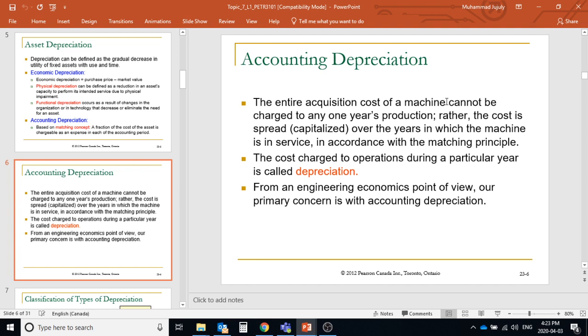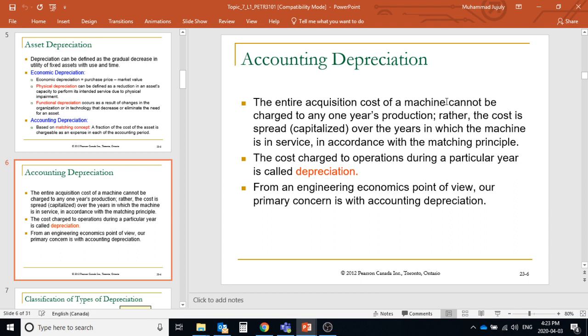So give an example. For instance, you purchased a machine, but the entire acquisition cost of the machine cannot be charged to any one year's production. Rather, the cost is shared, or we call it capitalized, over the years in which the machine is in service.